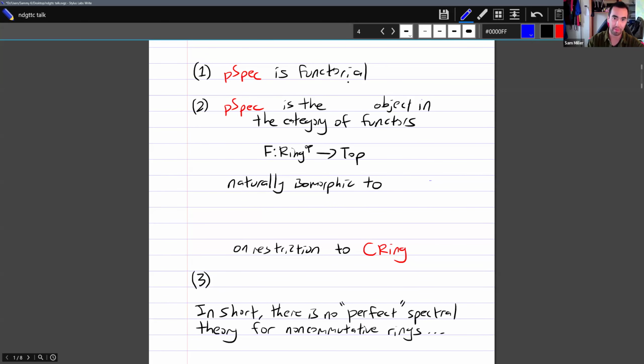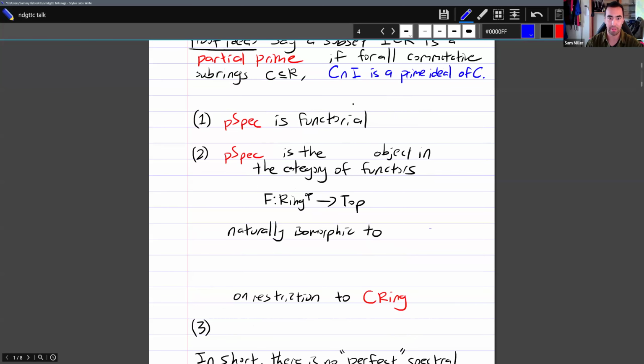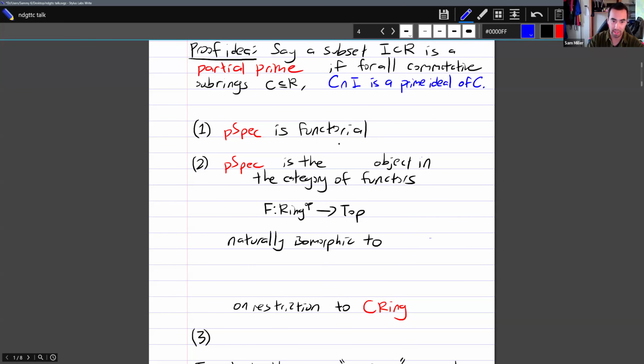So this, first of all, is functorial. And second, one can show that this is the final object in the category of all functors from Ring to Top that are naturally isomorphic to just the usual spec from CRing to Top, although he chose it for Set to Top, but the same thing holds upon restriction to CRing.